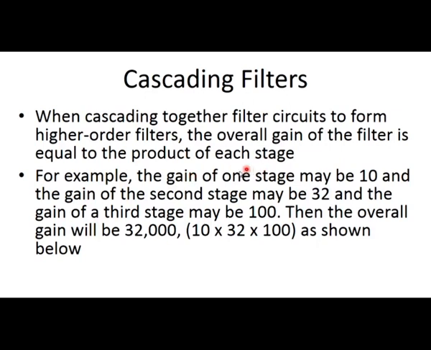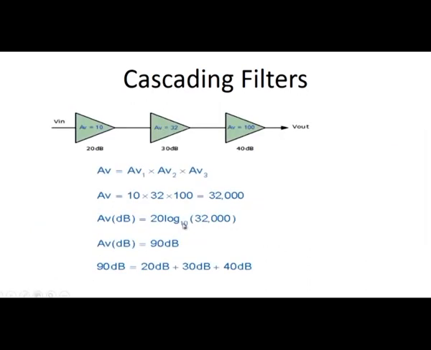In that case, the overall gain of the filter is equal to the product of each stage. For example, the gain of one stage may be 10 and the gain of the second stage may be 32 and the gain of the third stage may be 100. Then the overall gain is the product of all the gains, which is equal to 32,000, which is shown here.